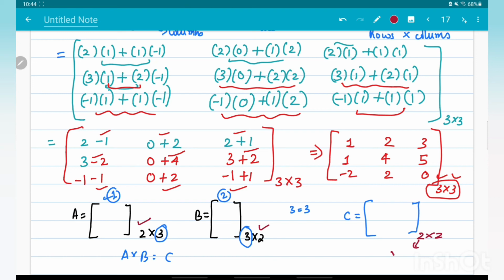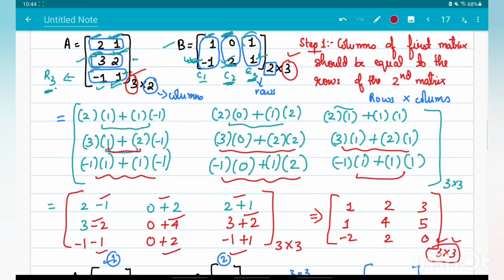The rows here will be equal to the number of rows of the first matrix, that is 2, and the columns here will be equal to the number of columns of the second matrix, that is B. That is how you can find the order of the resultant matrix after the multiplication of two matrices. So this is about the multiplication of matrices.